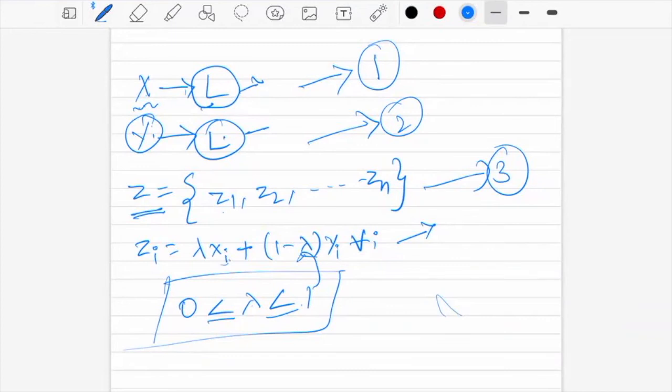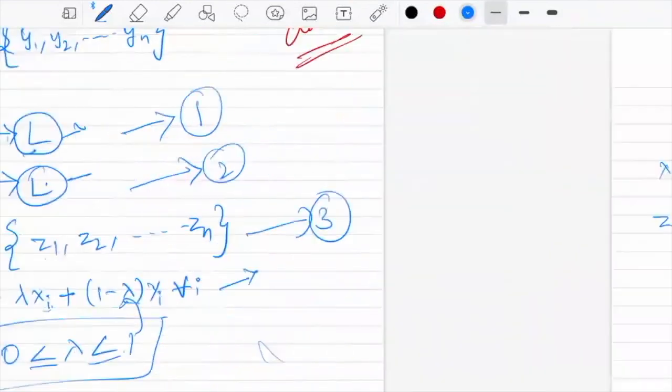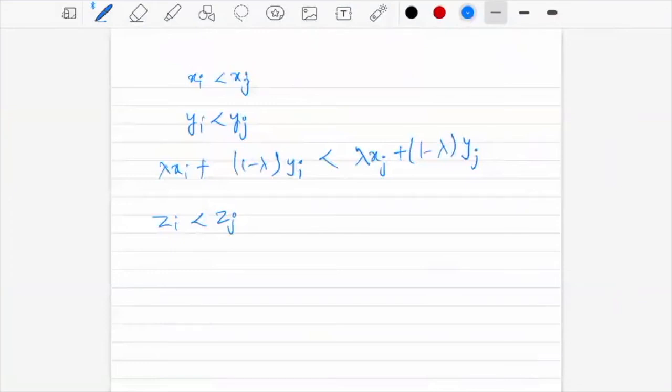So to prove this, let us consider that the root labels are i and j, and we will start with execution 1. For example, if I say that xi is less than xj, to prove this theorem, I am multiplying the x coordinates by lambda, and the y coordinates by 1 minus lambda.